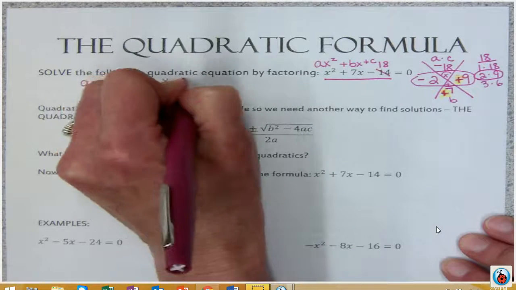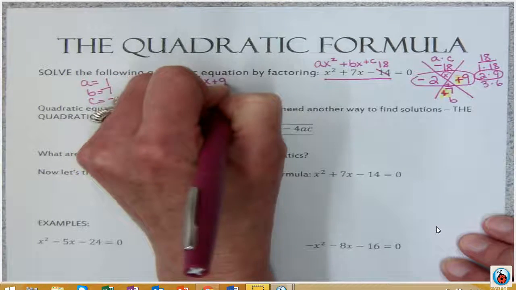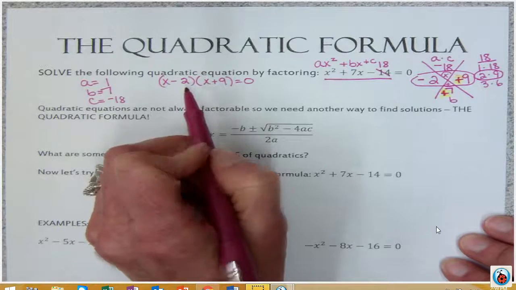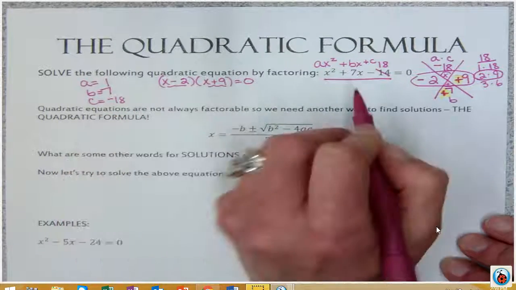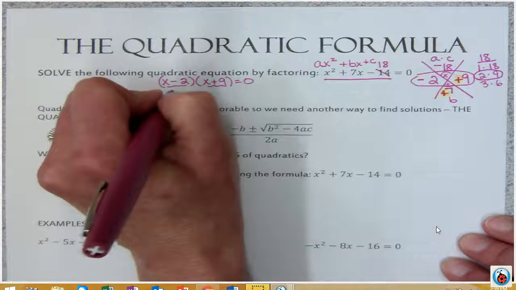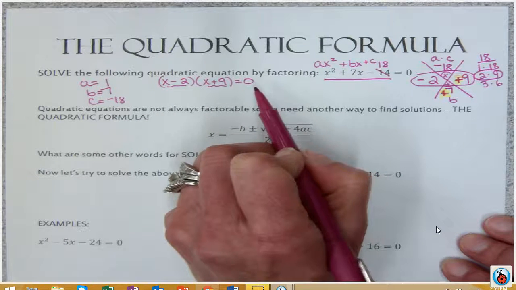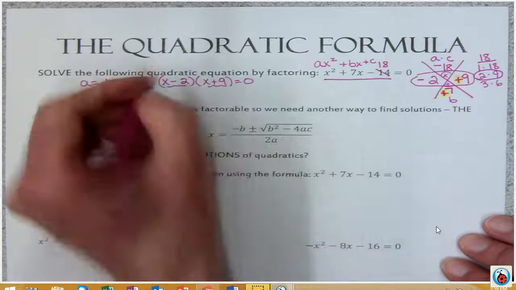We say x minus 2 times x plus 9 equals 0. Basically, this is telling us if we multiply this times this, we would get this trinomial. Then we know by the zero product property that one of these has to be 0.